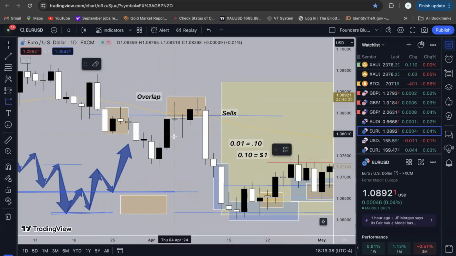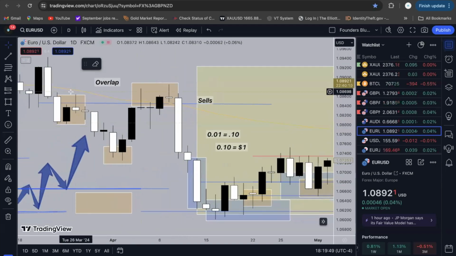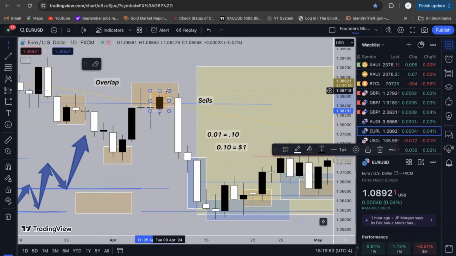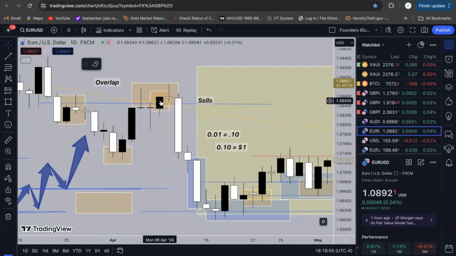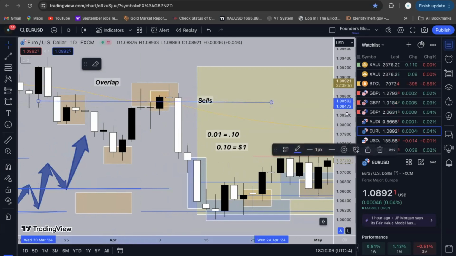So let's say this happened and we're looking for more entry opportunities once price came here. Based off this candle, that will be considered an overlap because this candle closed beyond this level of resistance.